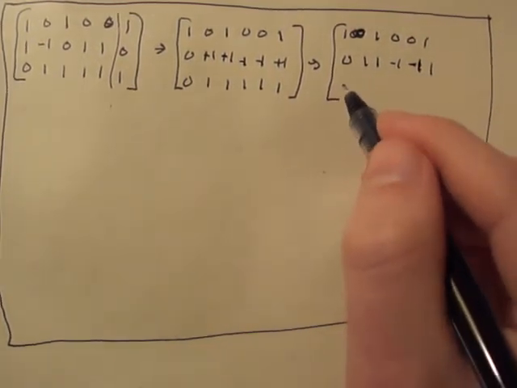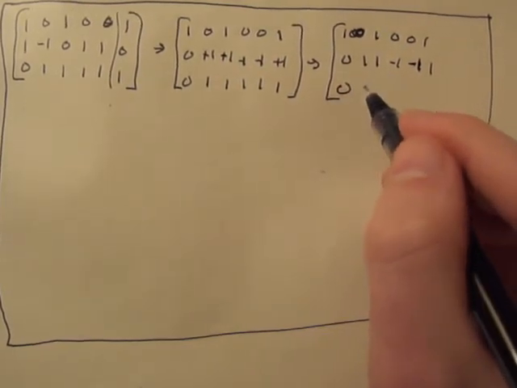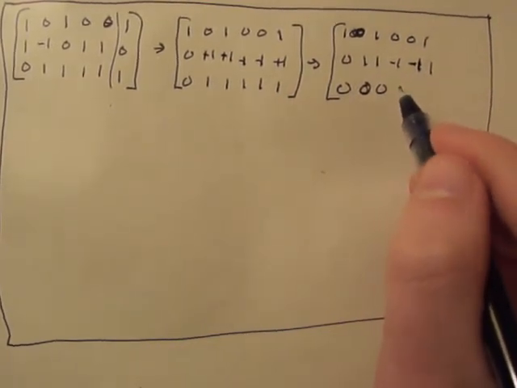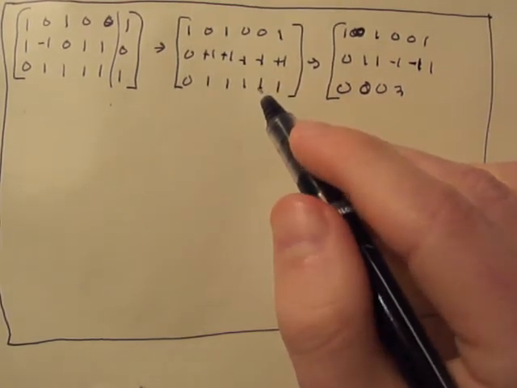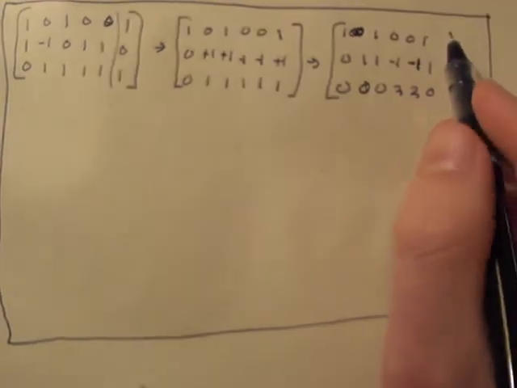And row 3 will have 0, negative 1, so that's 0 again. Negative 1 plus 1 is 0. That'll become a 2. Negative 1 times negative 1 is 1, plus 1 is 2, and again a 2, and those two will cancel to be a 0.